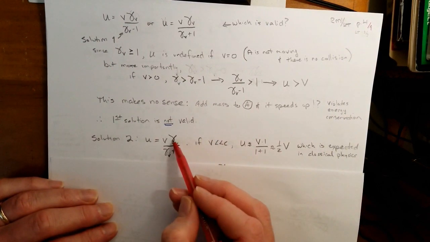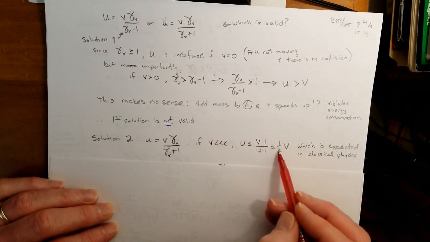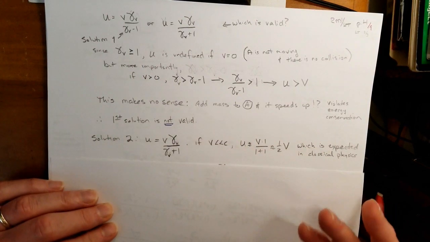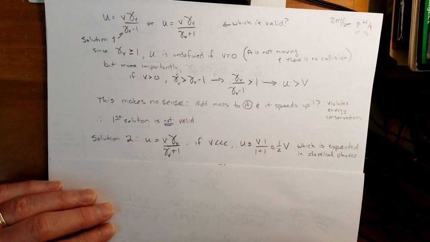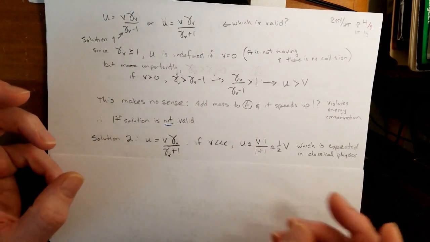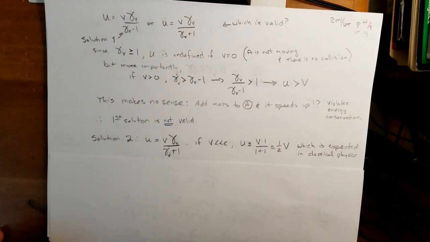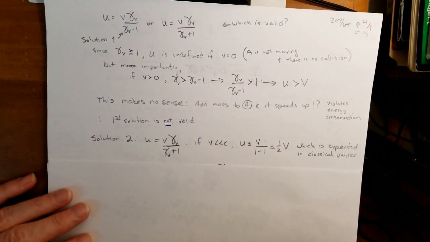If v is much less than c, then gamma is equal to 1, and we end up with u being 1/2 v, which is the classical physics result. That makes sense: with two objects of the same mass, one at rest and another one hits it, the speed of the combined mass cuts in half, just conservation of momentum.